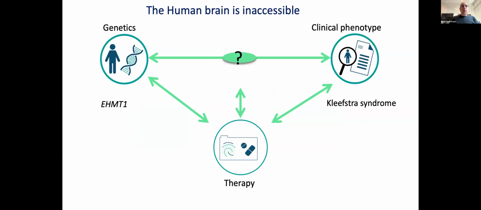So, why brain model? What is the idea of brain model? Over the years we have done an amazing job in identifying the genetic causes of neurodevelopmental disorders, and Kleefstra syndrome is a beautiful example of this. We know that it's caused, most of the time, by a loss of function of the EHMT1 gene.